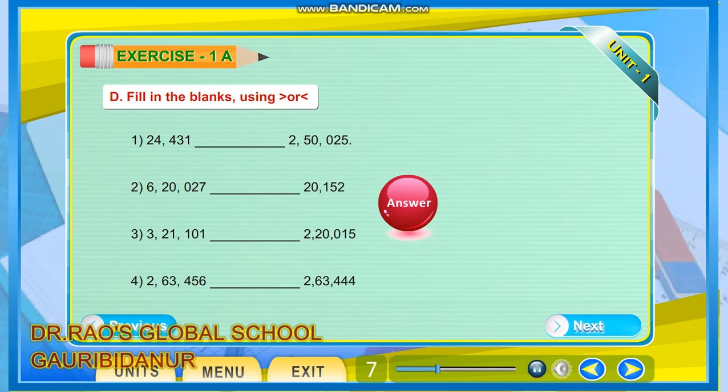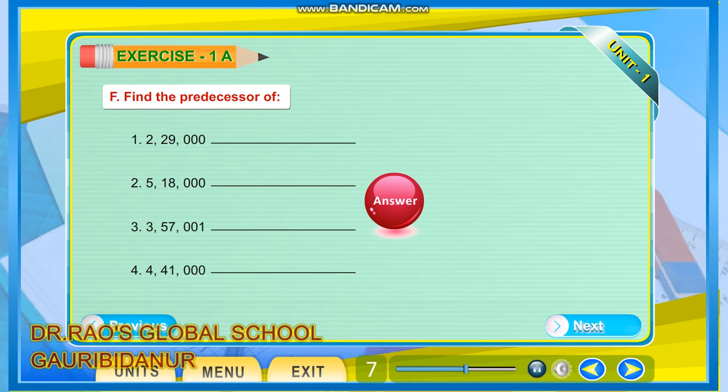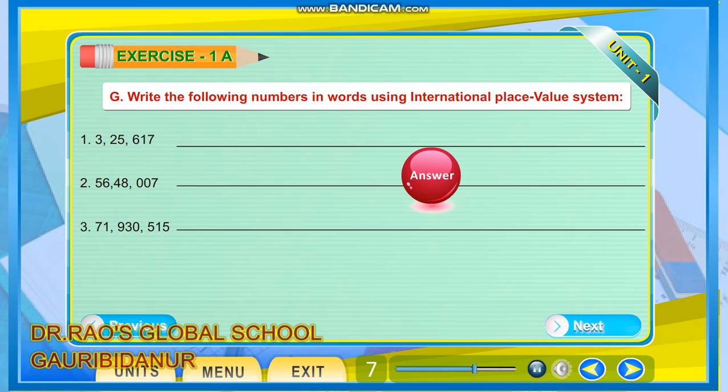D. Fill in the blanks using greater than or less than. E. Write the successor of. F. Find the predecessor of. G. Write the following numbers in words using the International Place Value System.